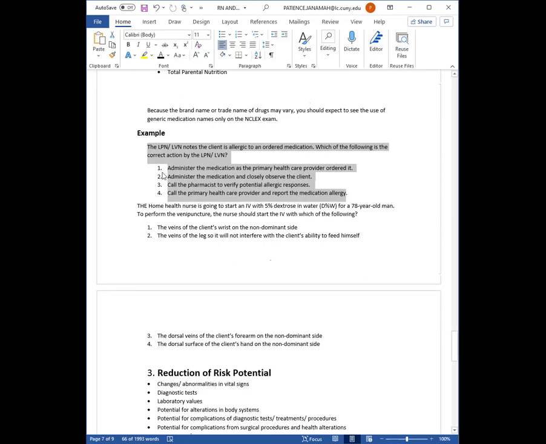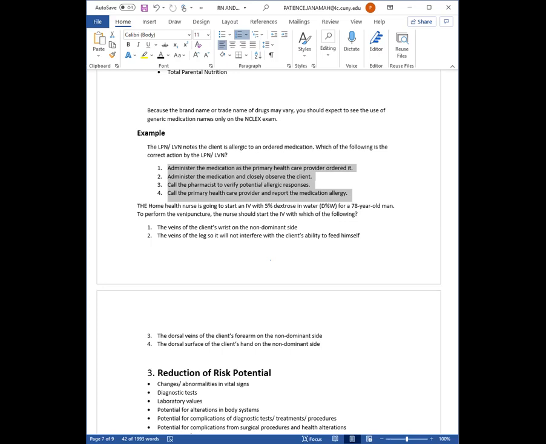So the question says, the LPN notes the client is allergic to an ordered medication. You realize that this patient is allergic to this medication. Which of these is the correct action to take?